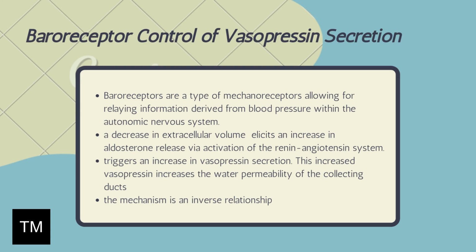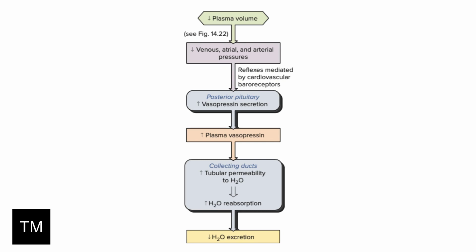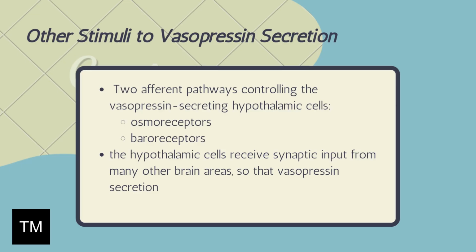With all this being said, the mechanism is an inverse relationship. As we can see here in figure 14.23, the baroreceptor pathway by which vasopressin secretion increases when plasma volume decreases. The opposite events, culminating in a decrease in vasopressin secretion, occur when plasma volume increases.